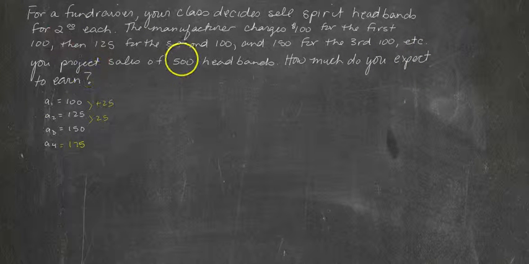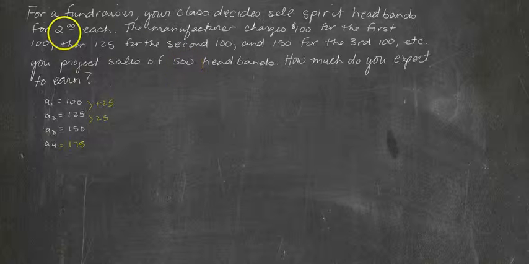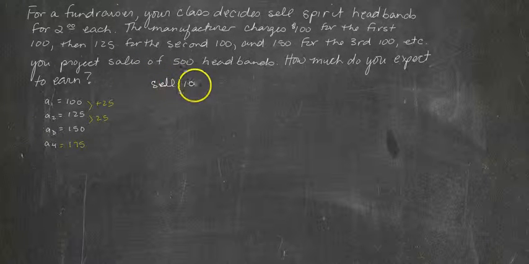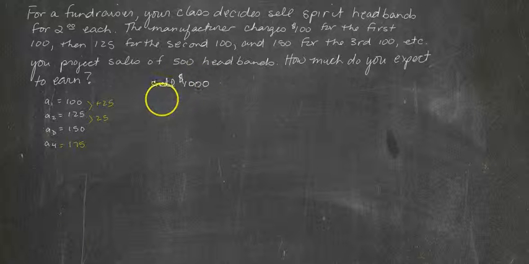If we think we're going to sell 500 headbands for $2, we're going to sell $1,000 worth of headbands. And then we want to subtract our cost, and that'll tell us how much we make.